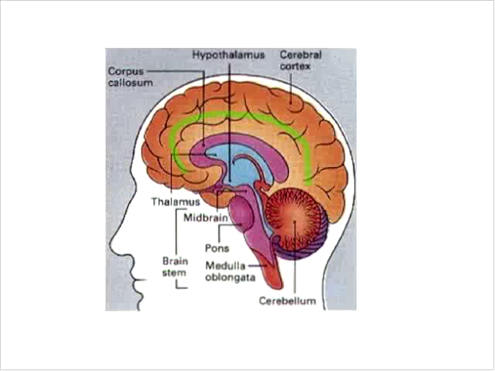So to summarize, the parts of the brain are as follows. We can clearly see the cerebrum, as I'm outlining here in green. The cerebellum, located at the back of the brain, which I'm highlighting here in blue. The thalamus, as I'm outlining here, this blue section here in the center of the brain.